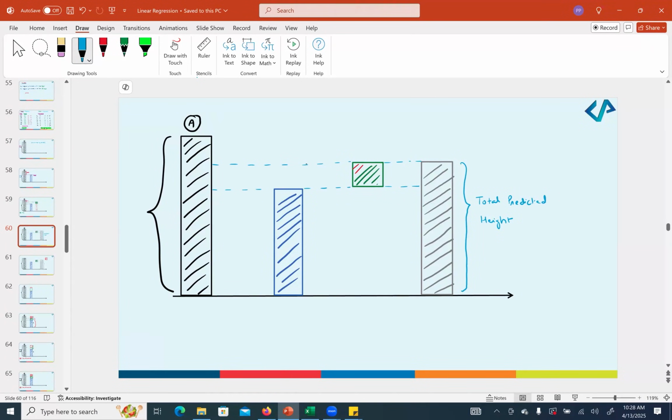This is what my actual height was. And this is how much my error will be. Something like this, here I will get the error.